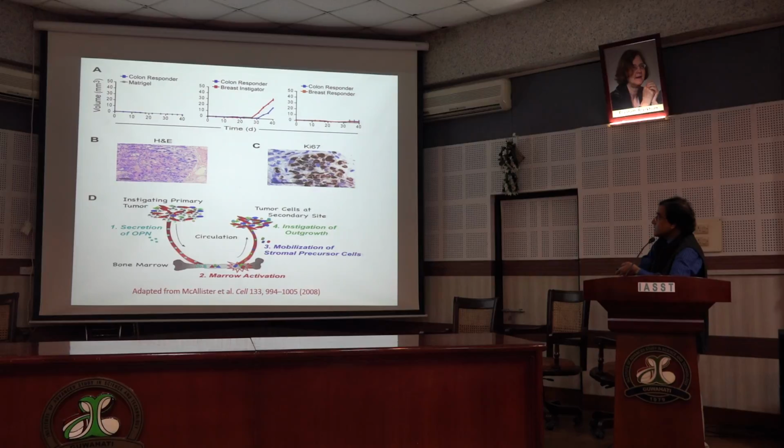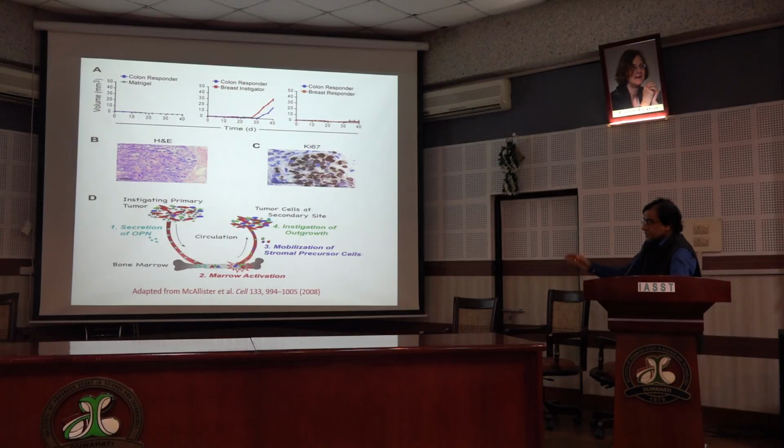So osteopontin is secreted from the instigating primary tumor and migrates towards the non-instigating secondary site through bone marrow activation. That was the novel finding, which is why the paper came out in Cell back in 2008. That suggests that bone marrow-derived mesenchymal stromal cells, or mesenchymal stem cells, MSC, play a very important role.